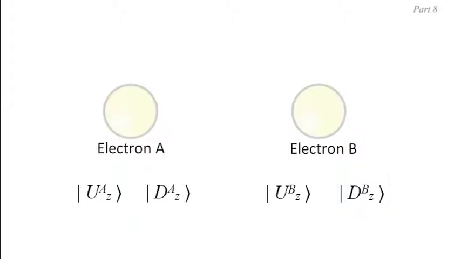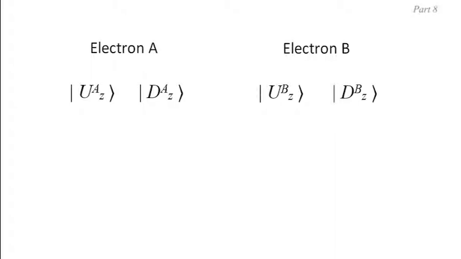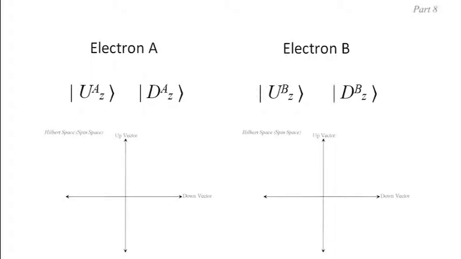We need to realize that the system we have up to this point is such that these two electrons, when considered separately, have their own Hilbert space as far as spin states are concerned. The plane of this Hilbert space of electron A is another world away from the plane of this Hilbert space for electron B. They are definitely not the same Hilbert space.